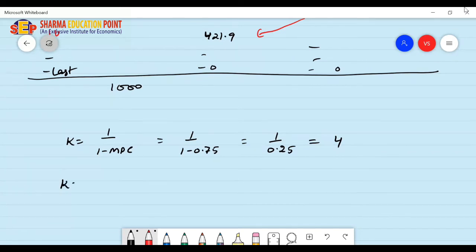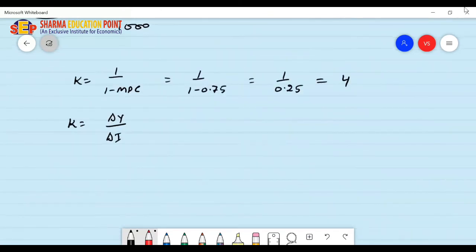Now you know the formula of delta y is k delta I. Now put the values again. So k is 4, delta y we have to find, and delta I we have already assumed. What was delta I? Delta I was 1000, we have assumed that. So delta y is 4 multiplied by 1000, that means 4000.